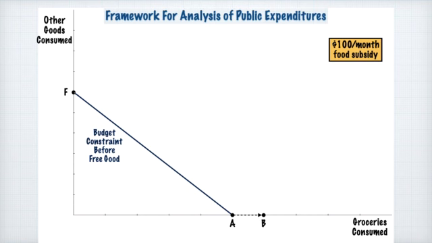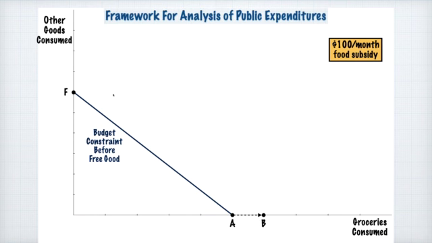Is that going to cause point F to shift upward? No, it's not going to cause it to shift upward because the $100 a month food subsidy cannot be used to consume other goods. So F does not shift upward, but F shifts to the right.